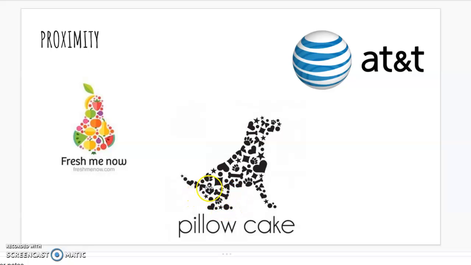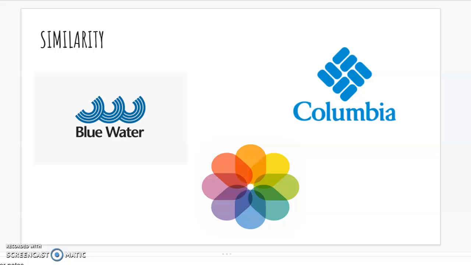We have cute little bones, paws, stars, circles, bows, all that good stuff that creates a dog when you see it all together. And then we have the AT&T logo where all these little lines come together and they create a globe. Fast, speed, internet.